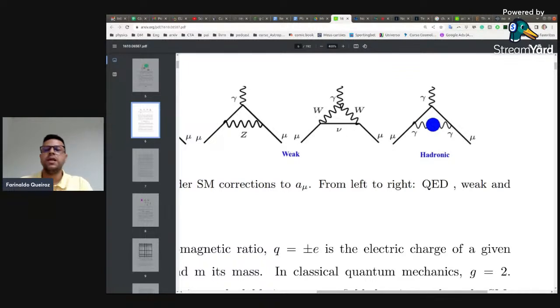Yeah? Okay, fine. And then this experimental data-driven has been the canonical contribution to G-2. But in the past 4 years or so, the theoretical prediction started to diverge a lot from the experimental data-driven result.